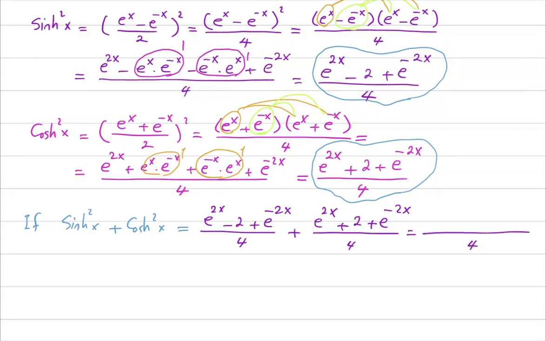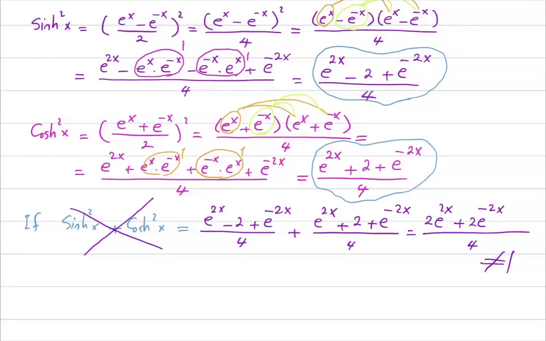What do we create? We create 2 e to the power 2x, negative 2 and 2 get canceled out, plus 2 e to the power negative 2x. This is not 1. So adding them is not helpful.